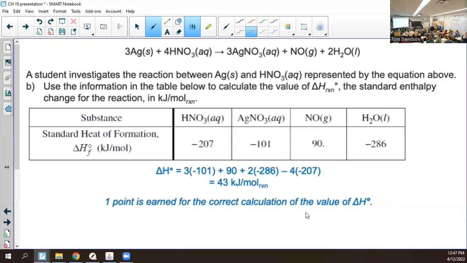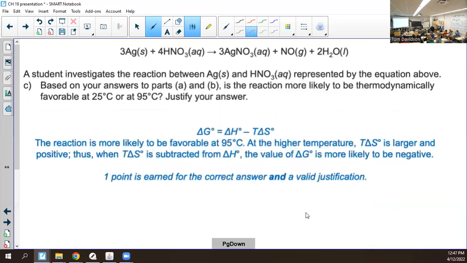All right. Letter C, probably the hardest part. Would we agree there? The reaction is more likely favored at 95. Who had that right? Okay, we went lower there.